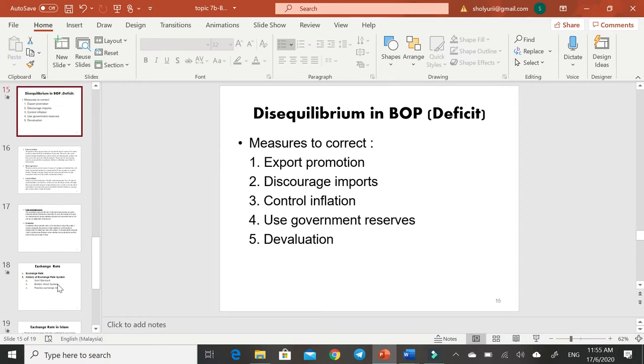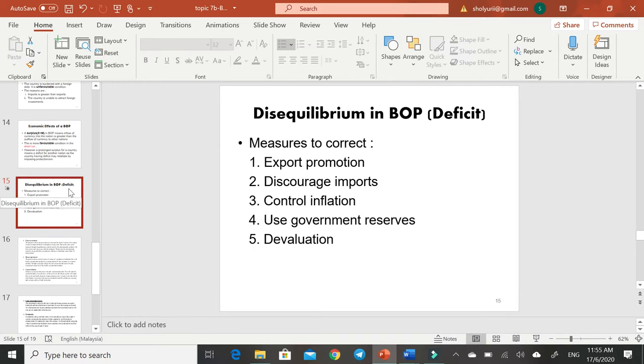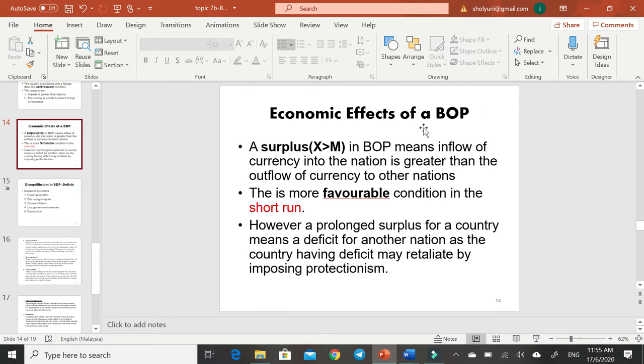Okay, so this is not good. That's why we should not be happy if we have surplus, okay, because we will lose our trading partners.